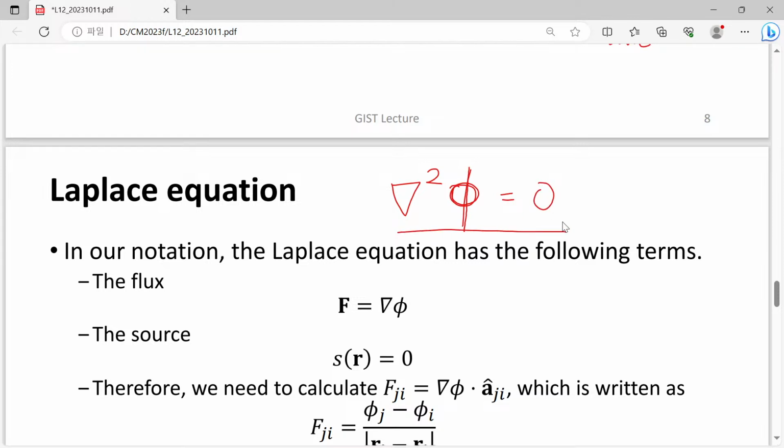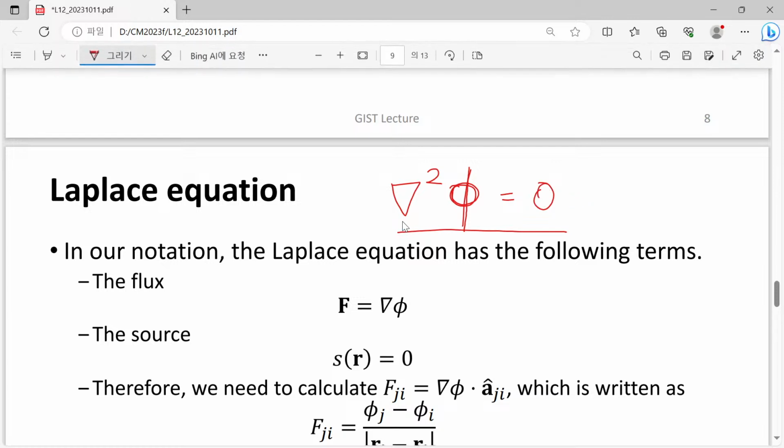This is the Laplace equation. And now we know that this Laplacian operator can be written this way: it is simply given by taking the gradient first and once again taking the divergence later. That is the Laplacian operator.